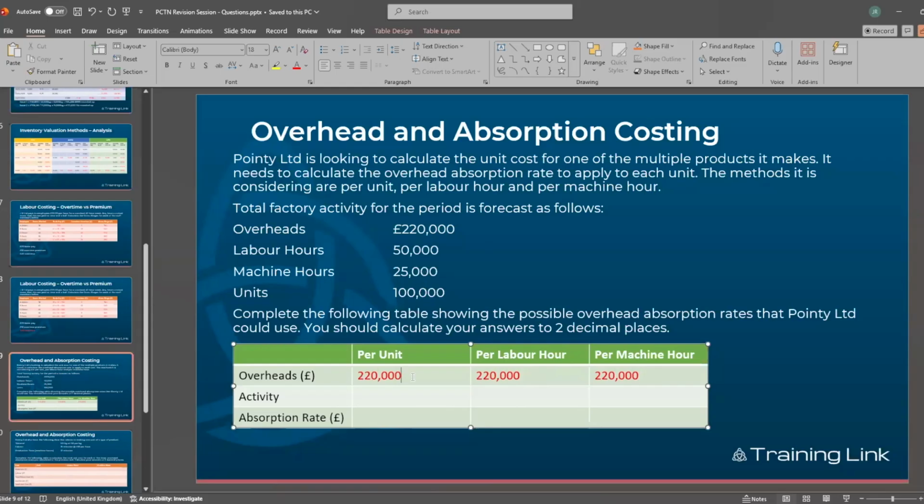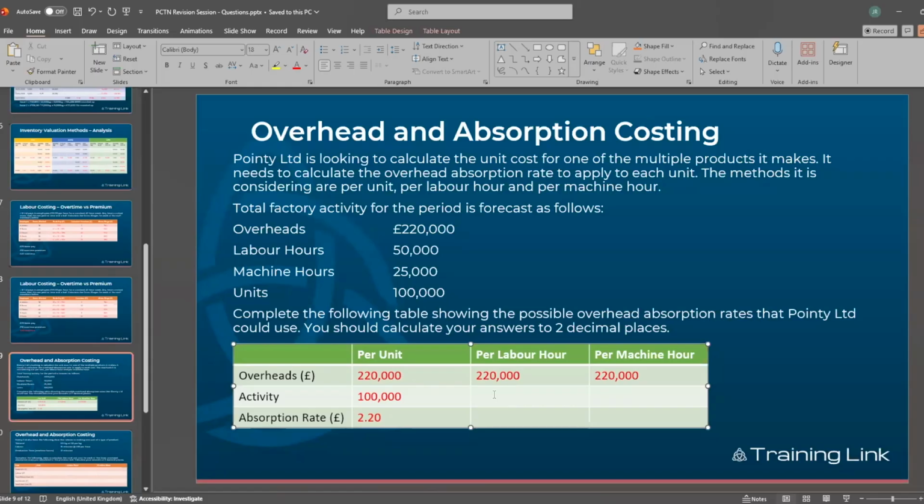So if we were splitting these overheads based on the amount of units that we sell, if we're expected to sell 100,000 units, then if we divide our overheads by the amount of units we're expected to sell, that will give us an absorption rate of £2.20. So what that means is for every product you sell, you want to add £2.20 onto that selling price, because if you sell your 100,000, that will cover your overheads.